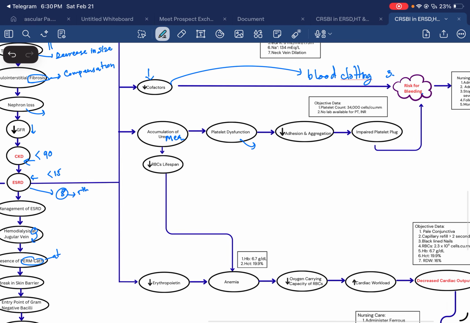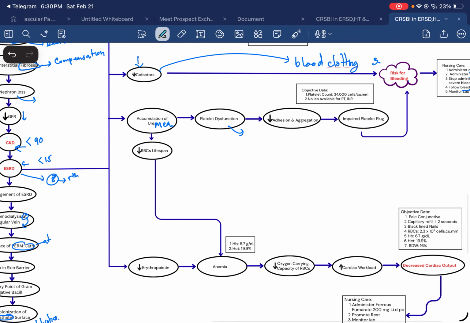The next pathway is he has decreased cardiac output. This has two pathways, one from erythropoietin and one from uremia. Uremia decreases the lifespan of RBCs, and it directly leads to anemia.